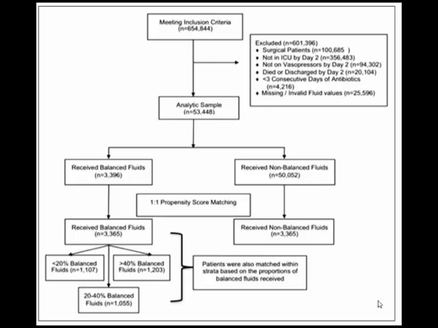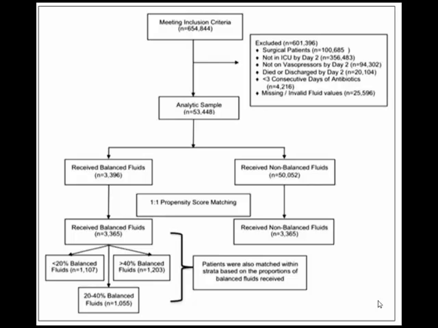Obviously, the problem was that the patients who received balanced fluids, and this is something that makes things a little bit complicated, is that less than 3% received only balanced fluid. Most of the patients receive a percentage of non-balanced fluid plus a balanced fluid, meaning they receive normal saline and then they receive LR during the course of the resuscitation.